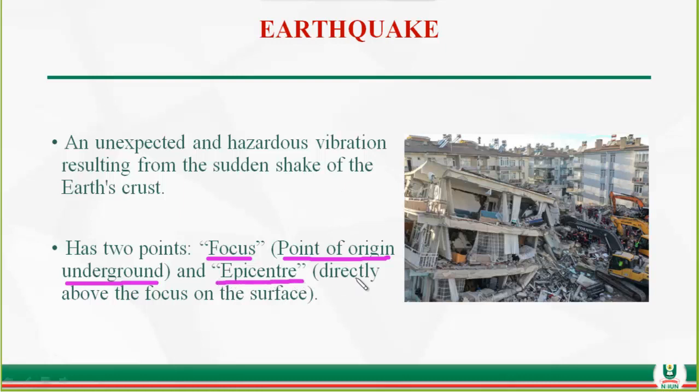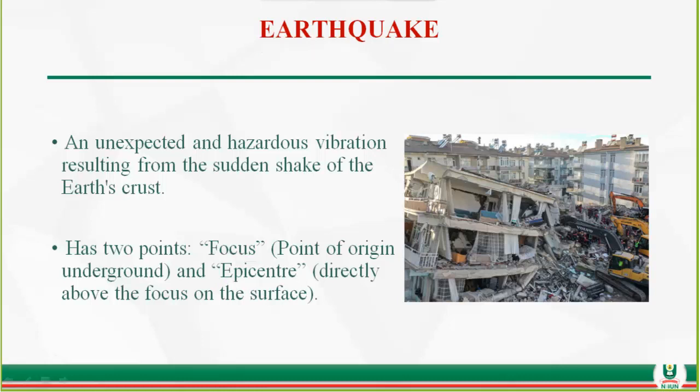It is directly above the focus on the surface. From the point of origin, the surface directly above where it begins is called the epicenter, where the impact is actually seen. So in an earthquake, we have two points: the focus point and the epicenter.